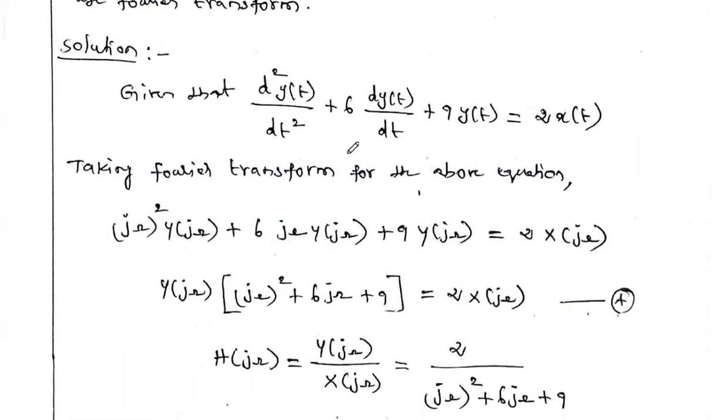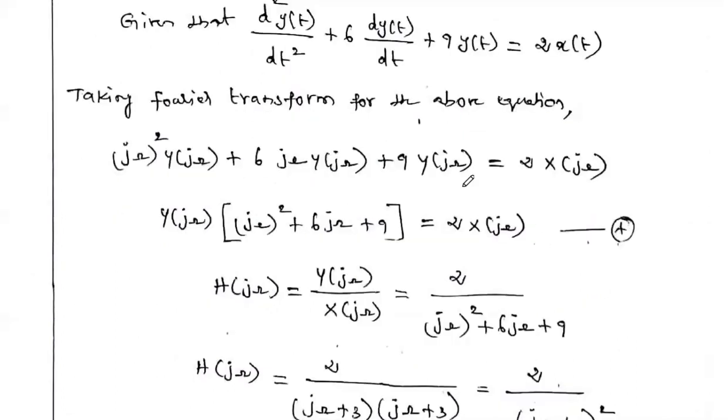So you know, what is the Fourier transform of the 2-time differentiation of the output y of t, that is, the Fourier transform of d squared y of t divided by dt squared? It is j omega squared into capital Y of j omega, plus 6 into the Fourier transform of dy of t divided by dt, which is j omega into capital Y of j omega, plus 9 into the Fourier transform of y of t, capital Y of j omega, equal to 2 into the Fourier transform of x of t, capital X of j omega.